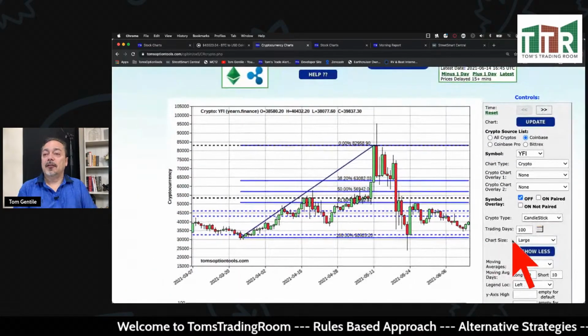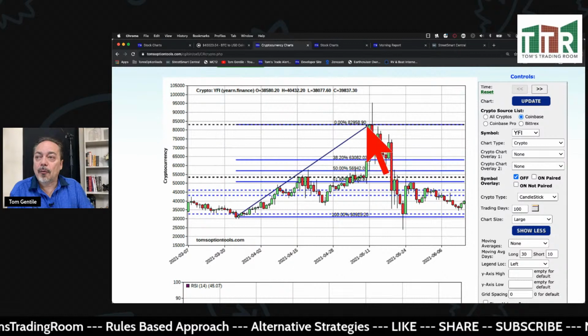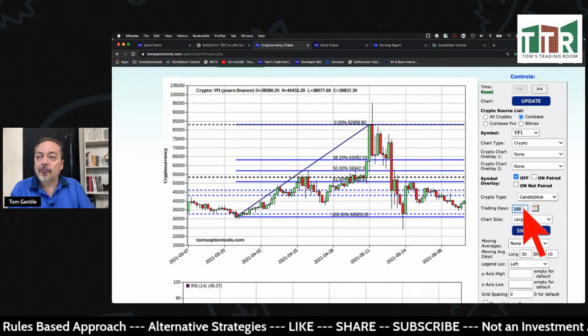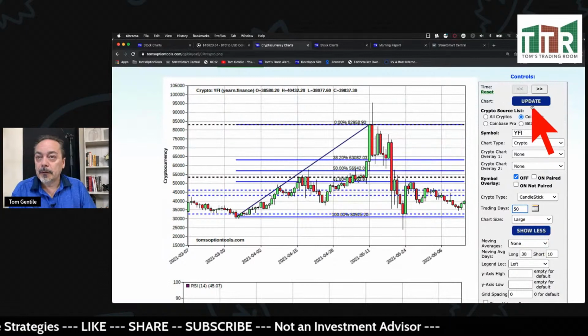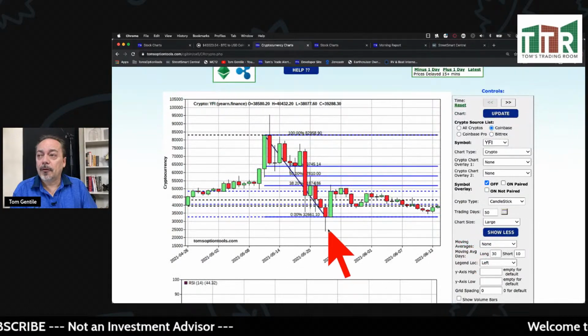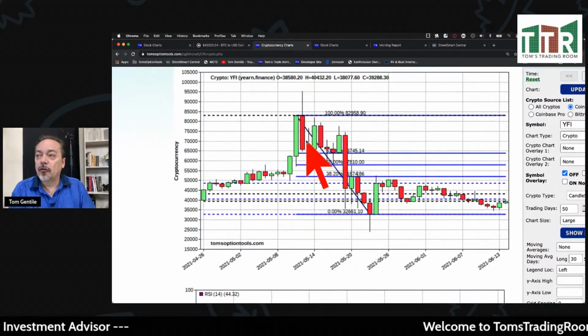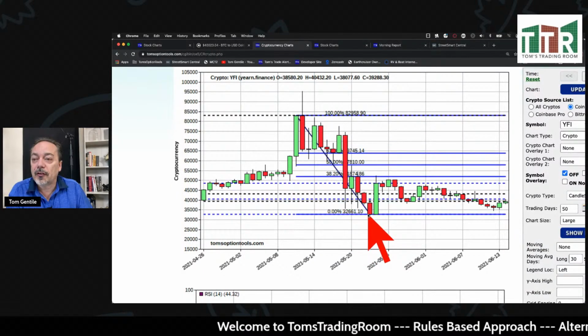I want to reset this because I don't like this anymore. What I want to see is top to bottom. So we're going to change this from a 100-day to a 50-day, widen out the chart a little bit. It's also going to do something to my Fibonacci, and it's going to show me the high at 82.5 to the more recent low at 32,661.